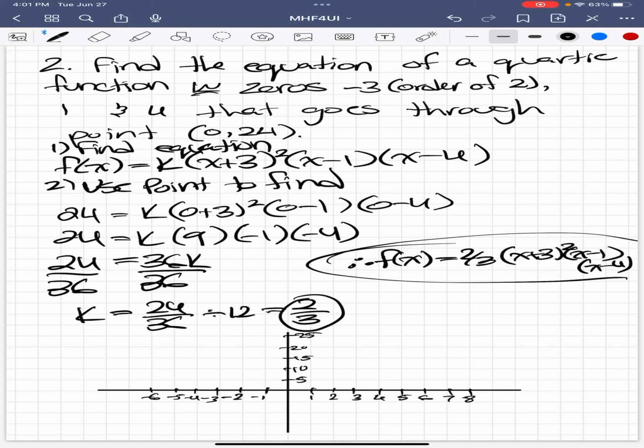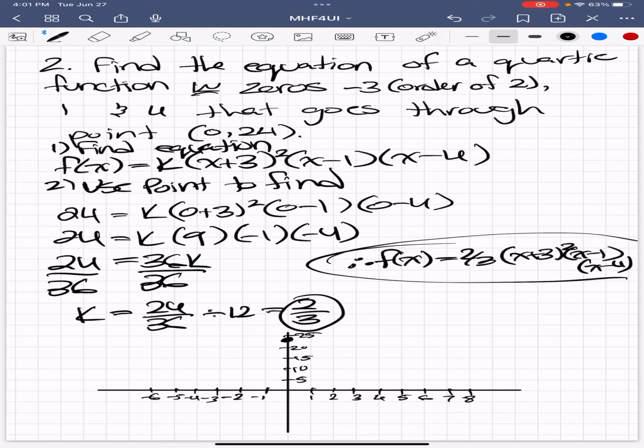Now we have our full equation for the polynomial, the quartic function, with zeros -3, order of 2, 1, and 4. And we used the point that was given, which is the y-intercept, to find k. We just solved for k.